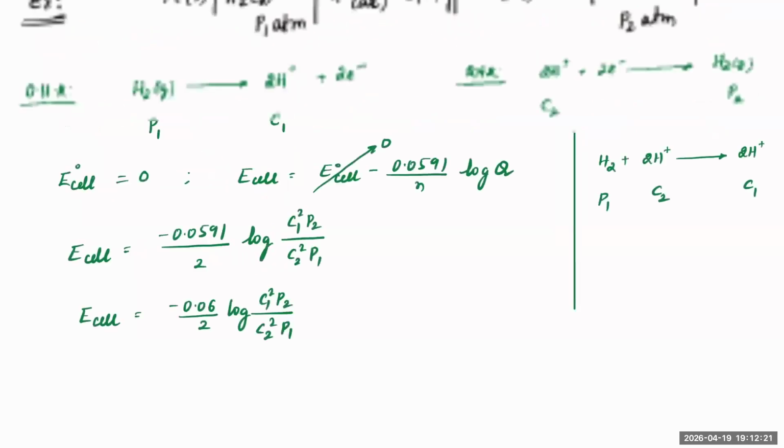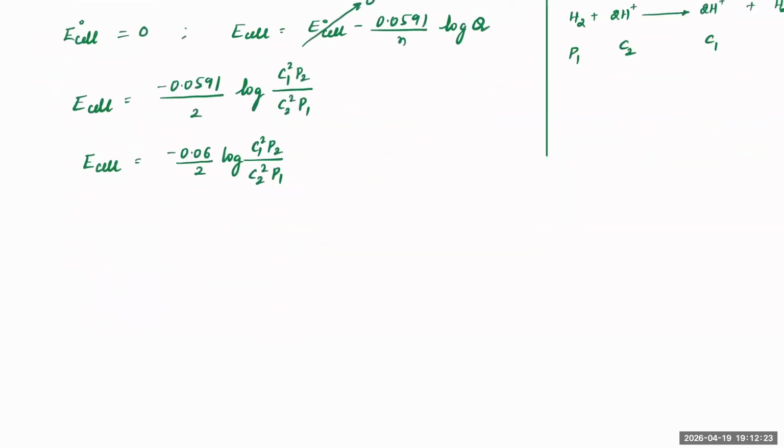So now there are two levels of understanding that you need to know. At the same pressure on both sides, you know that Q will be equal to C1 by C2 whole square.